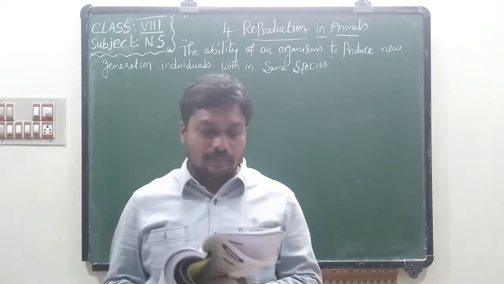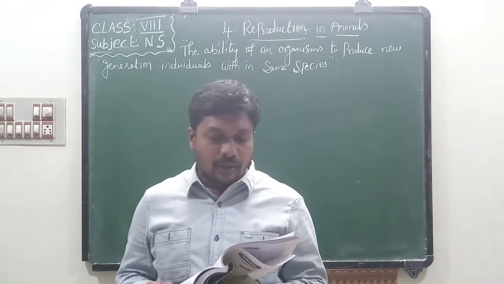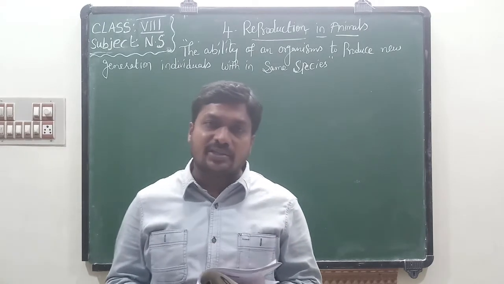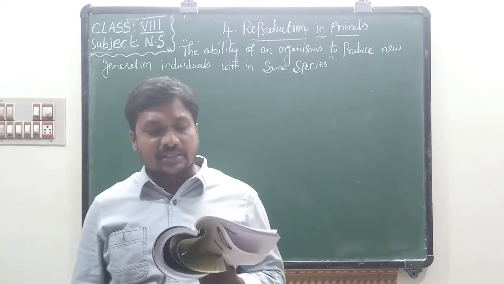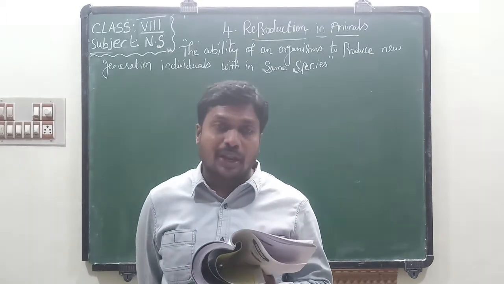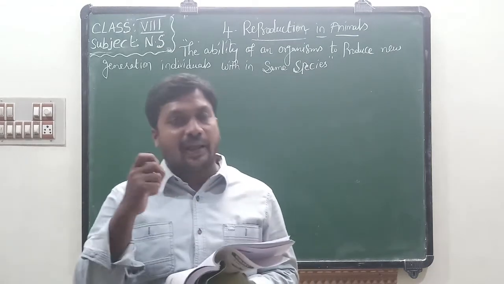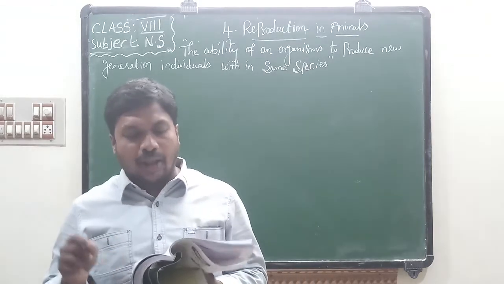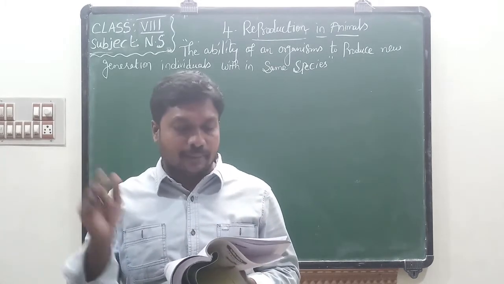Name of the animal: the first one, you have to write cow. Presence of external ear. Does cow have external ears? Yes. You have to write yes there. Presence of epidermal hair on the skin. If you observe, in cow we can find hair on the skin. A little bit of hair we can find. So you have to write yes.